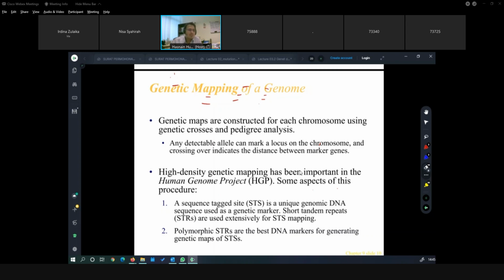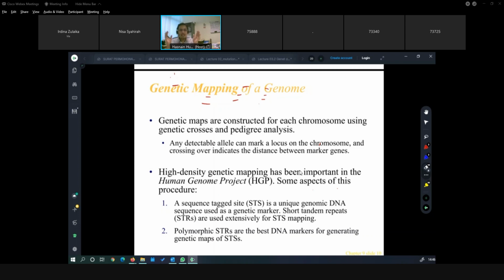Based on the information that we discussed last week, certain genes cause alkaptonuria or whatever. So they know cystic fibrosis is located on chromosome 7, alkaptonuria is located on chromosome 2, for example. So they know certain information, and that information can be one of the markers.